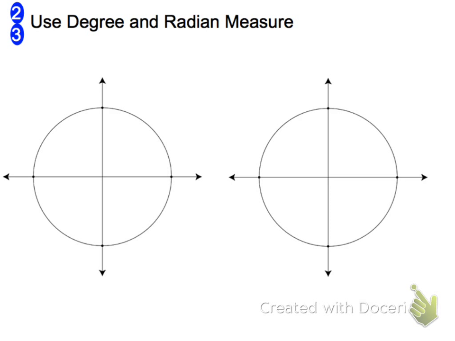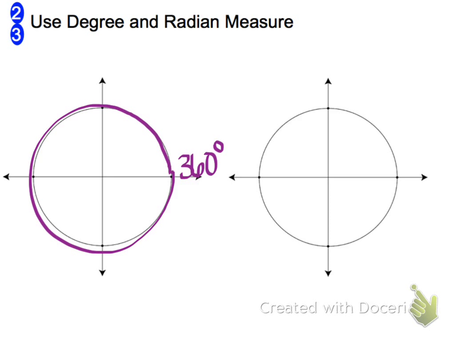Now let's talk about the difference between degrees and radians. We did a little bit of work in this in class, and we'll just look at some circles for a minute, starting with degrees. One thing to remember is that if I go all the way around the circle, I've gone a total of 360 degrees.